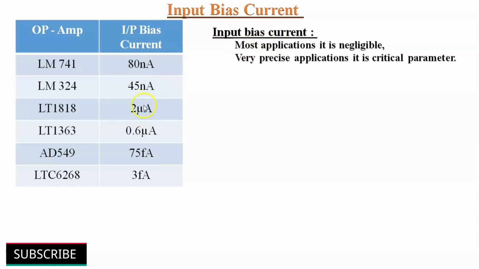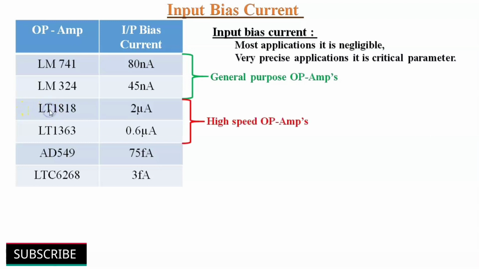But this bias current can be a real problem or critical parameter when we are using precision applications. In general purpose op-amps like LM741 and LM324, input bias current is in the range of nanoamperes. In high-speed op-amps like LT1818 and LT1363, input bias current is in the range of microamperes.